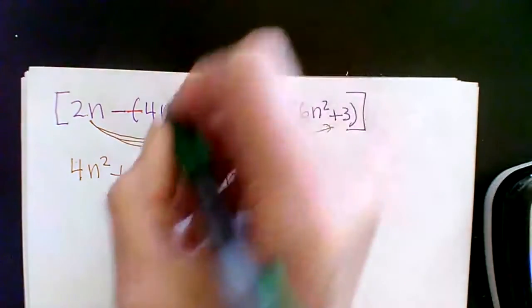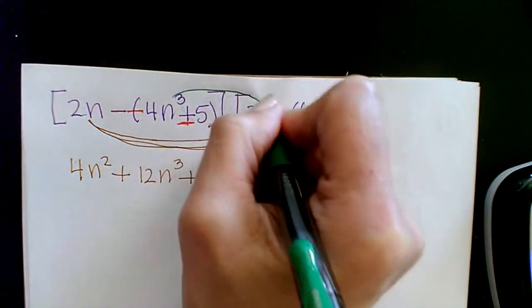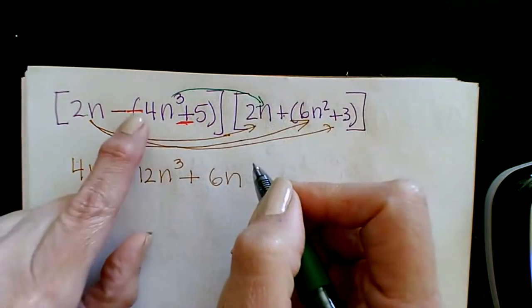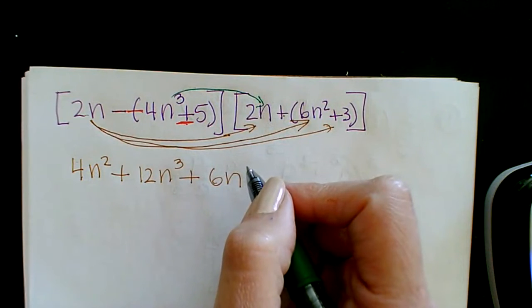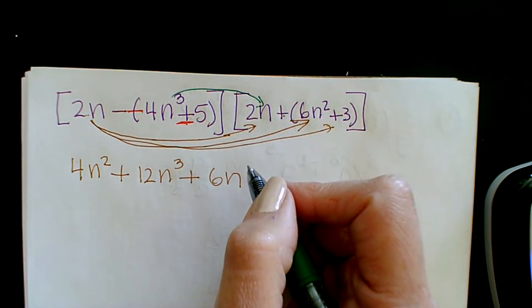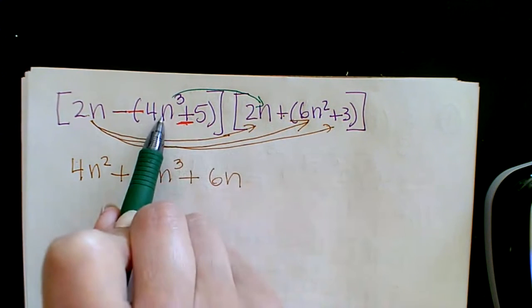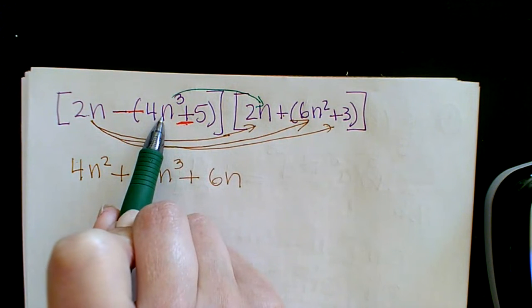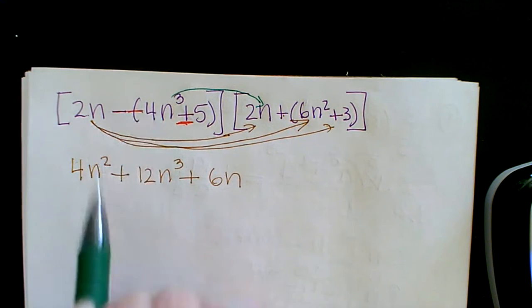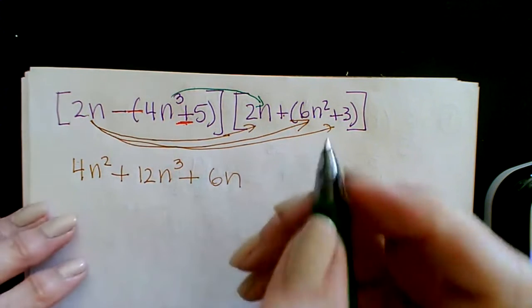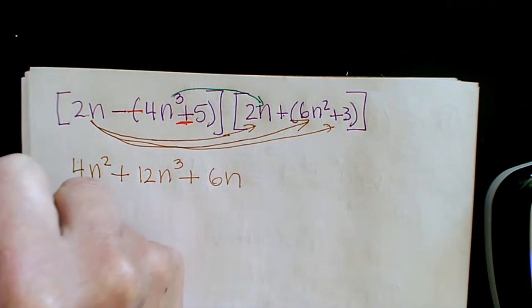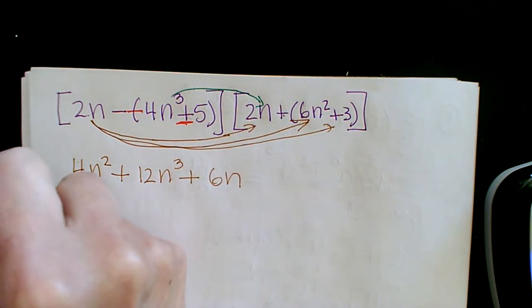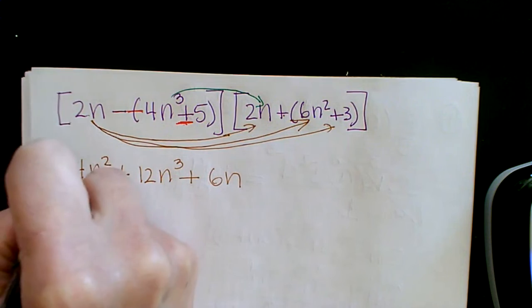Now, let's do this one. We have, it's going to be negative 8n to the what? To the fourth power, which we don't have any. We could write it down here. Negative 8n to the fourth power.